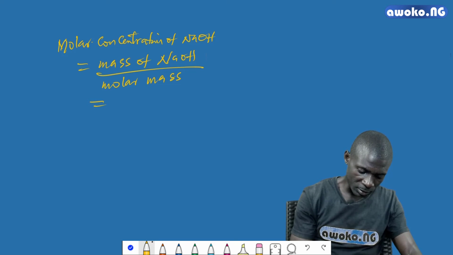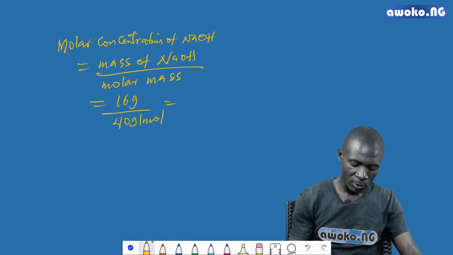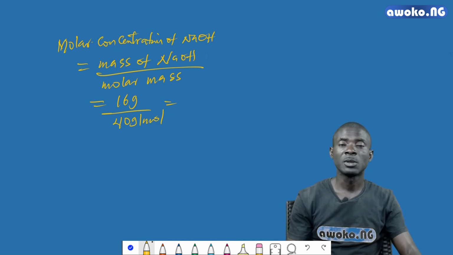This will give us 16 grams divided by 40 grams per mole. Grams dividing by grams, what is left is mole, which gives us the unit for molarity.